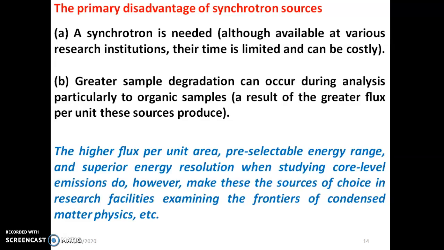So in this way the X-ray source plays a very important role, and the energy spread as well as focusing of X-rays are important in XPS, because that decides the binding energy of the photoelectron coming out.